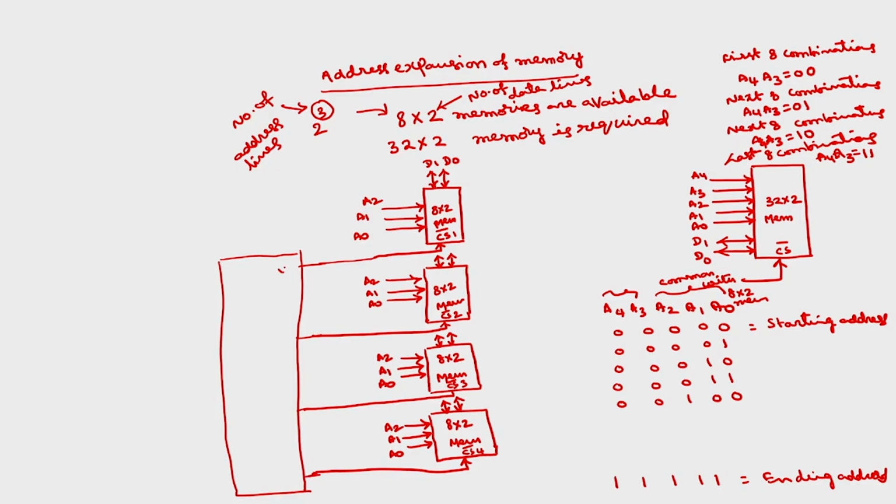I will take active low outputs Y0 bar, Y1 bar, Y2 bar, Y3 bar. This is a 2 by 4 decoder, with 2 inputs. I will give the 2 inputs as A4 and A3.